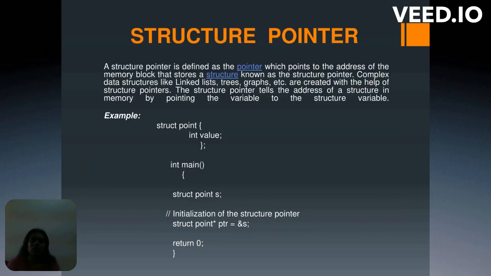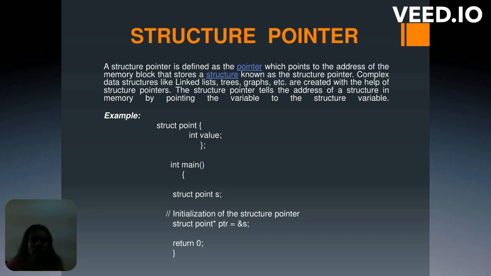And a structure pointer. A structure pointer is a pointer which points to the address of a memory block that stores a structure. It can only be called a structure pointer when it points to the address of the memory block which stores a structure.